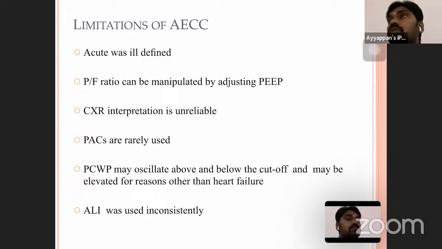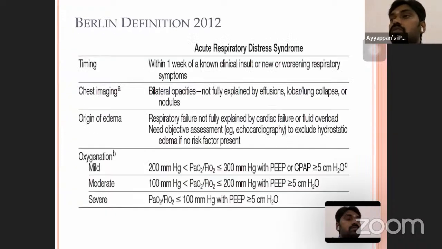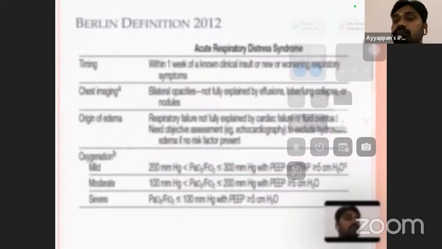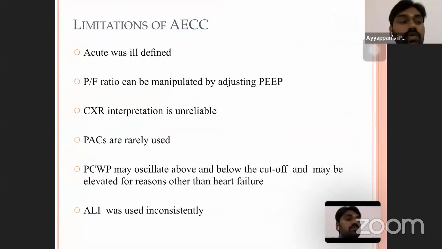A patient who is on face mask 5 liters O2 with a PF ratio of 200, and a patient who is on invasive mechanical ventilation with a PEEP of 10 and a PF ratio of 220 or 240 cannot be equated together.